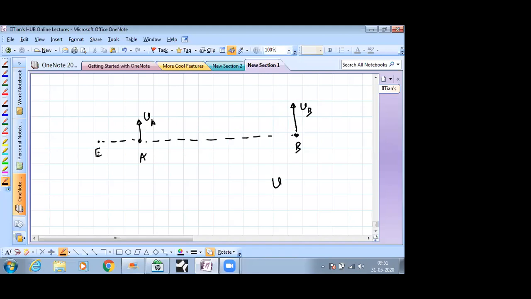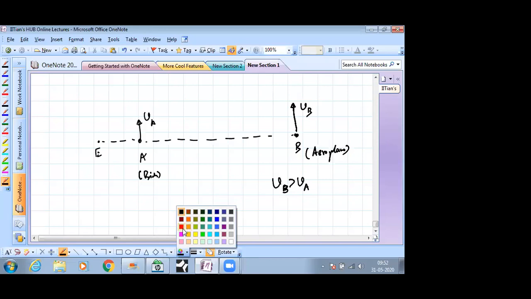Now suppose VB is greater than VA. Like this is, let's say, an aeroplane very far away, and this is like a bird much closer. So VB is definitely greater than VA. But after some time, B has, let's say, reached over here, and A has reached over here.